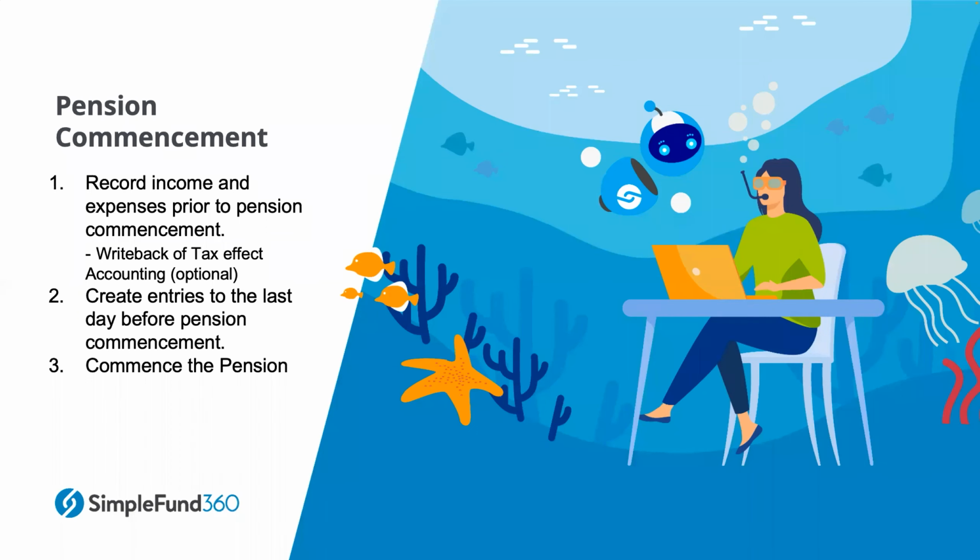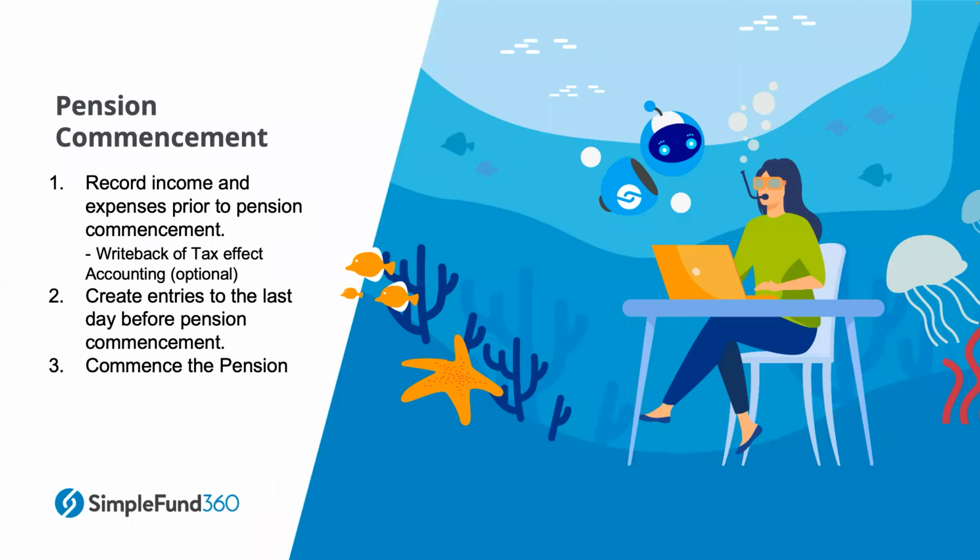The second step is to create entries to the last day before the pension commencement. The create entries process does all your revaluations, your profit calculations, and allocations to members as well. By running the create entries at a particular day, it does all those calculations and sets it up for that particular day.